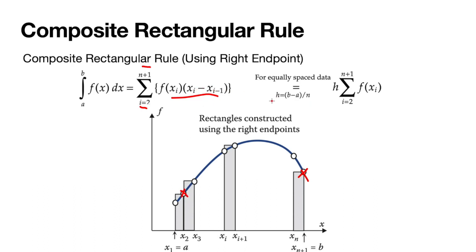If we have equally spaced intervals, then we can keep h out, and this will be the formula. What this formula is telling us is that we need to calculate the function value at that point and then multiply by the difference.